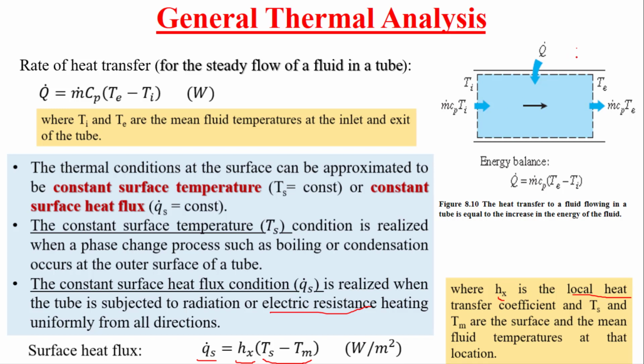So if we are talking about this location, Q dot s entering this location is equal to h for this location, because h keeps varying if we are in the entrance region. If we are in the fully developed region, h becomes constant, times Ts minus T mean for this location.